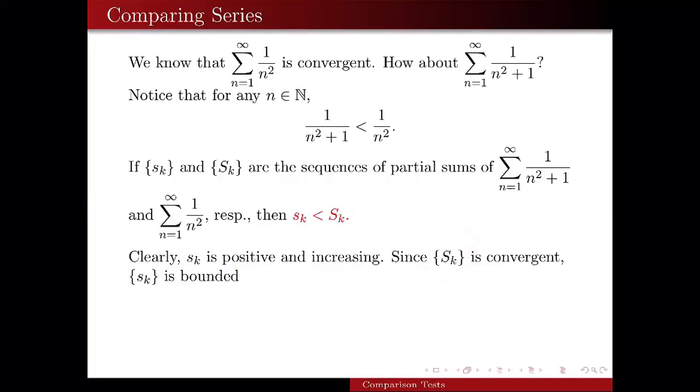It is convergent because it's a p-series. So the limit of capital S_k as k approaches plus infinity is equal to some S. In fact, we found it. Let me write that to be pi squared over 6.